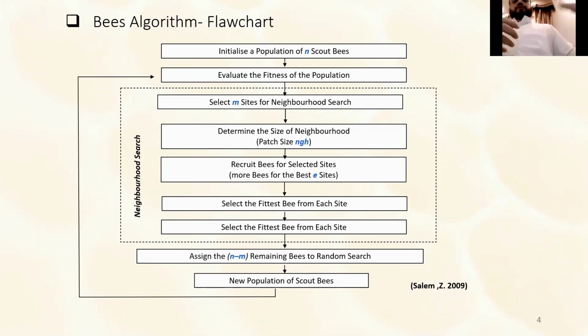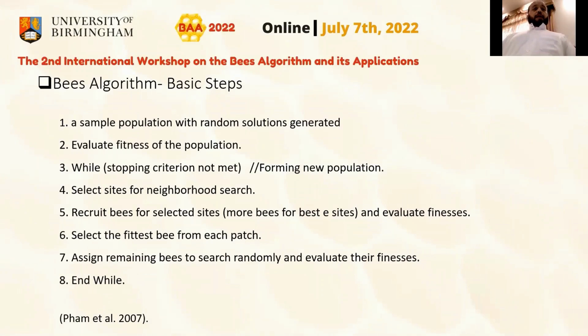There will be more bees for the best bees, and then selecting the fittest ones, and then also performing some global search, and then at the end we join the results from the local search and the global search to find a new population, and it will continue until we find a good solution. This is also the basic steps.